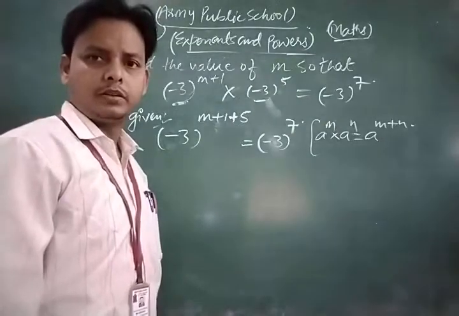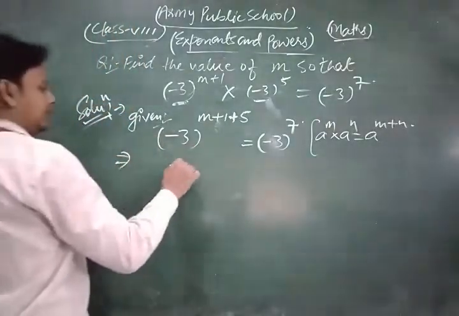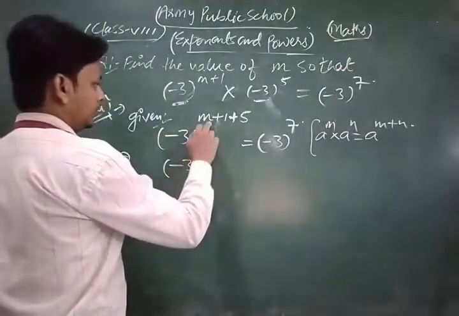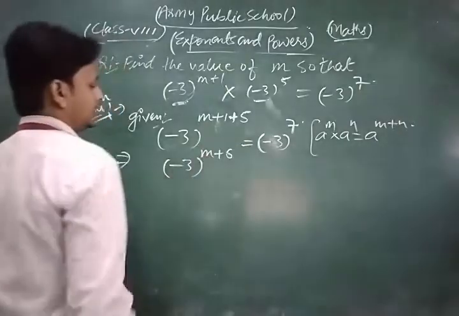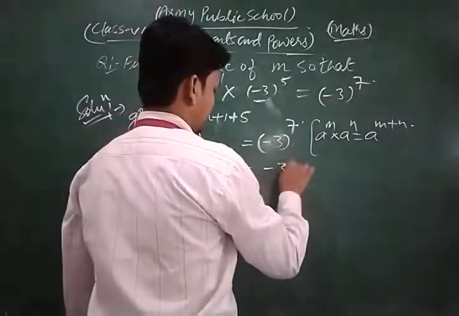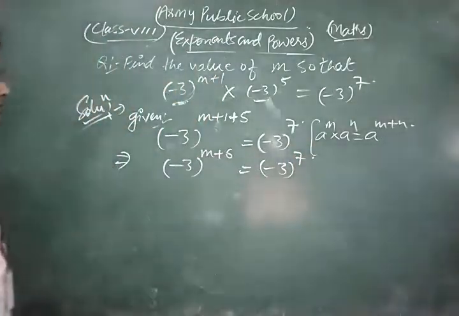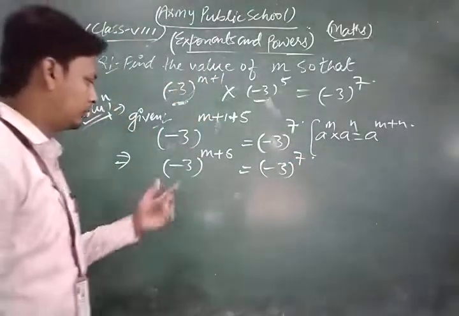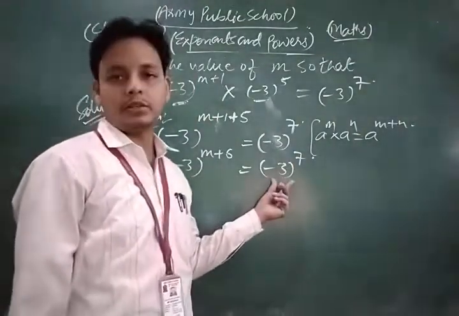Now we have minus 3 to the power, this is 5 plus 1, that is m plus 6, is equal to minus 3 to the power 7. Now in the left hand side this is minus 3, in the right hand side this is minus 3.